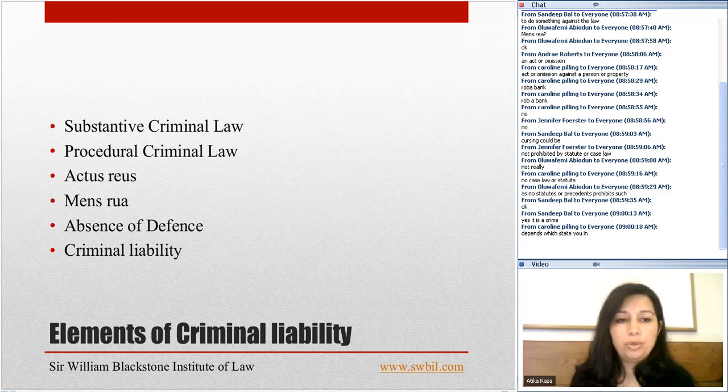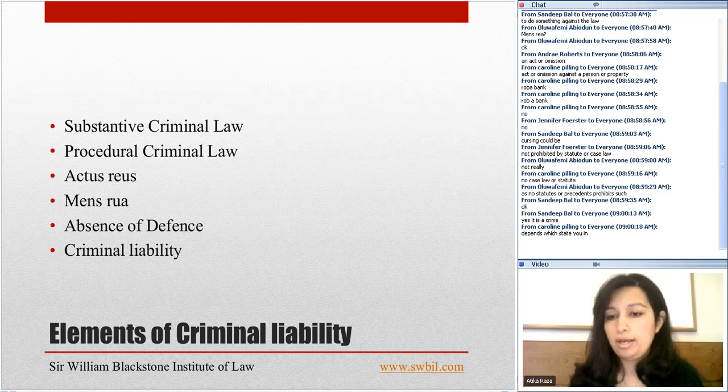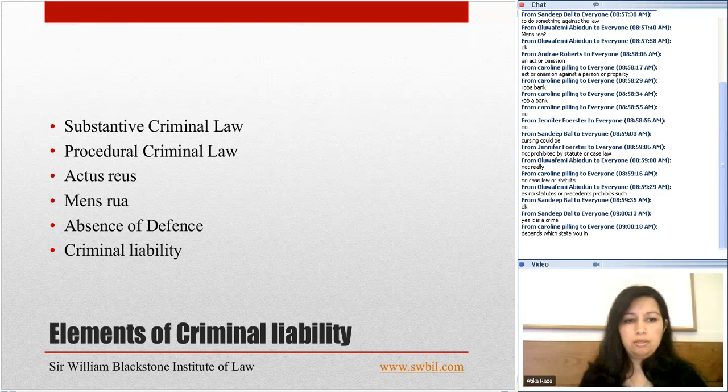Okay, so the major elements of criminal liability are, first, the act, the actual act, the killing, stabbing and killing somebody, which is your actus reus. It's a Latin term. We're going to discuss it in detail later on in other lectures. Then comes your mens rea. The correct spelling is this.